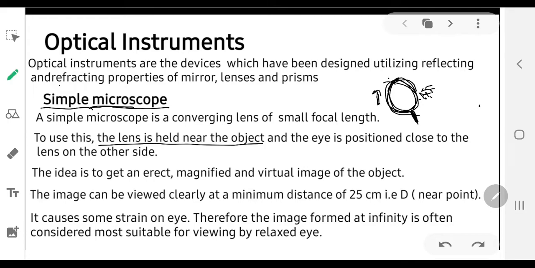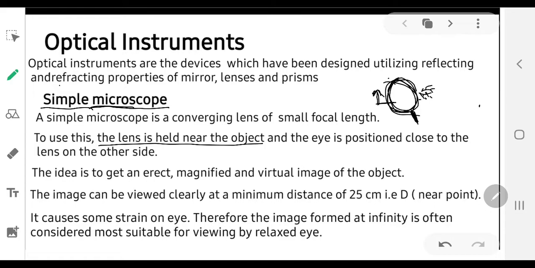So the object is held near the converging lens, or the simple microscope, or magnifying lens. Now, where does the image have to be formed? The image has to be formed in such a way that the eye can see it clearly.